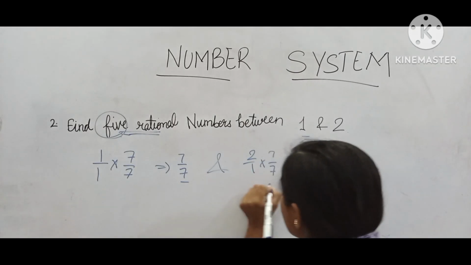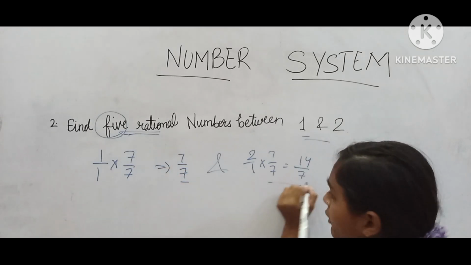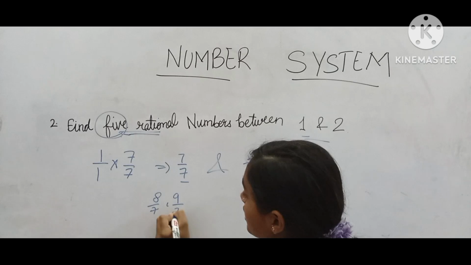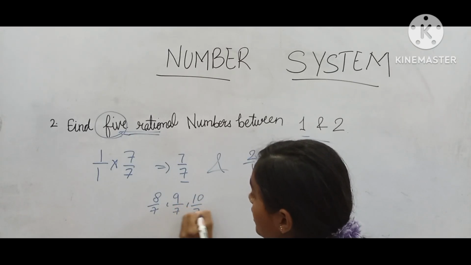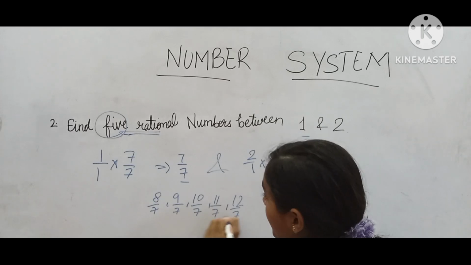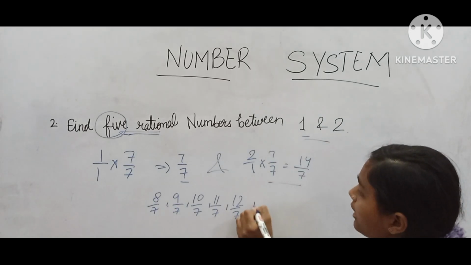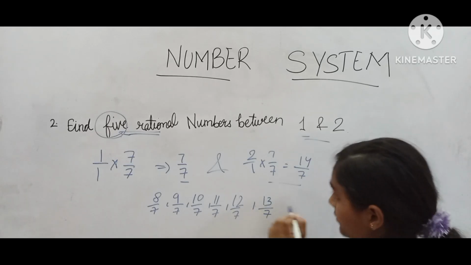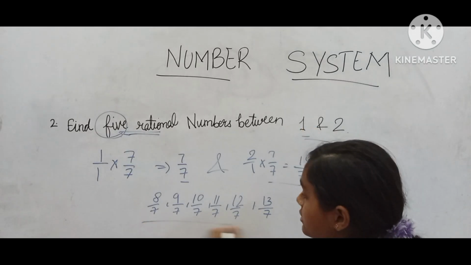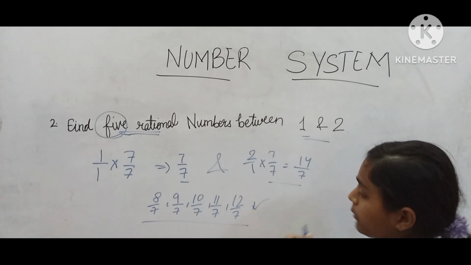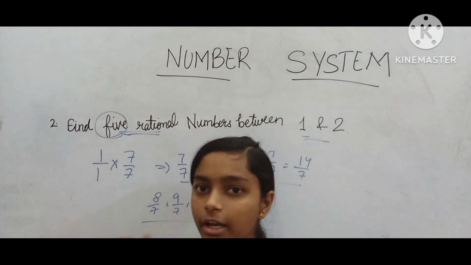Now the rational numbers between 7 by 7 and 14 by 7 are 8 by 7, 9 by 7, 10 by 7, 11 by 7, 12 by 7. Here we have 5 rational numbers and we can also add one more, 13 by 7. They are 6 rational numbers between 1 and 2, and if we leave one out, we have 5 rational numbers between 1 and 2. So we can do it like this also.